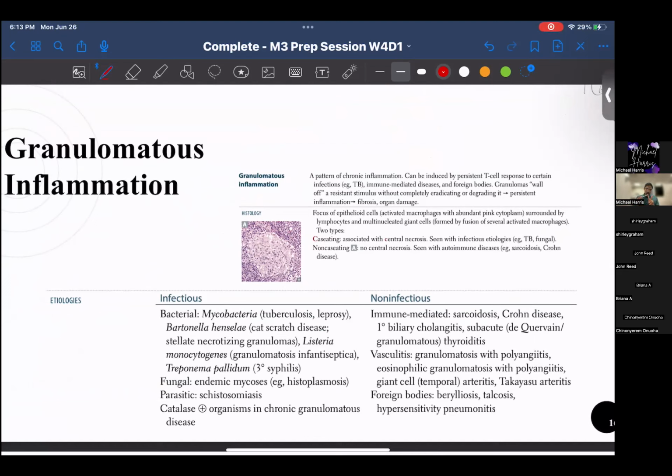Okay, good. Now, what you see at a microscopic level is two different things. Granulomas that have necrosis in the center, or granulomas that do not have necrosis in the center. These are what is known as non-caseating versus caseating.